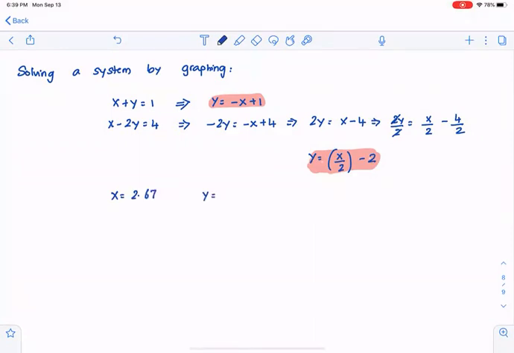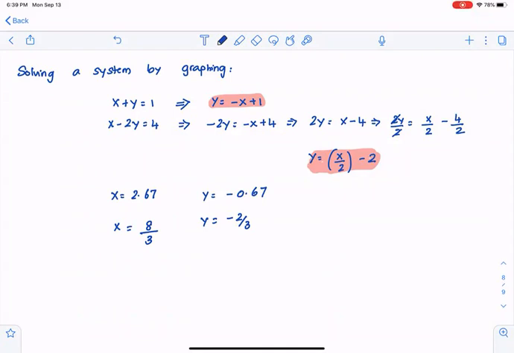The value of y is negative 0.67. Negative 0.67 is simply negative 2/3. And 2.67 would simply be 8/3. So x is 8/3 and y is negative 2/3.